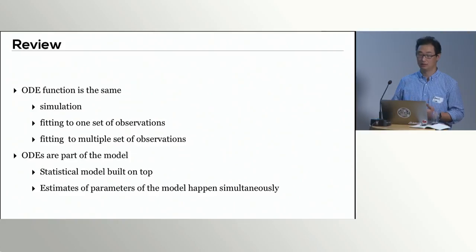We build a statistical model on top. We're saying that there's some measurement process that happened here. There was some random noise that got injected. We injected it; in real life, there are other reasons for statistical models. And what we're doing is we're estimating the parameters of the model simultaneously with the parameters of the ODE. They're just part of the model.